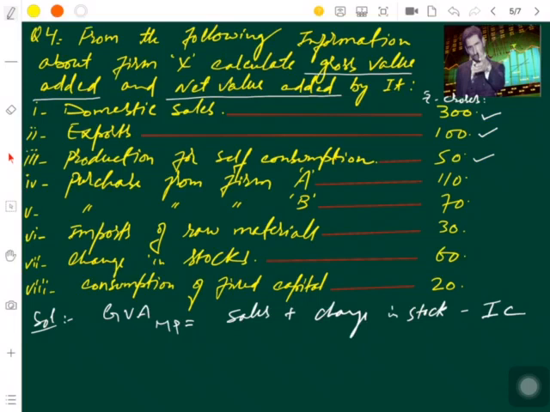So how would we take it? Now our sales will be equal to our domestic sales, that is first, plus our production for self-consumption, that is third, plus our exports, that is second.